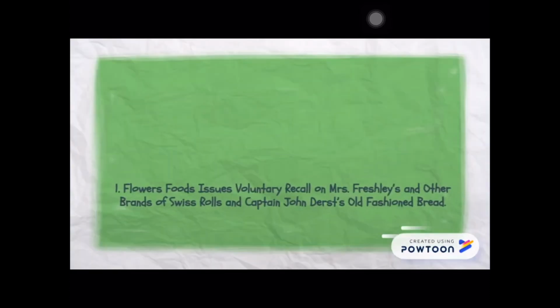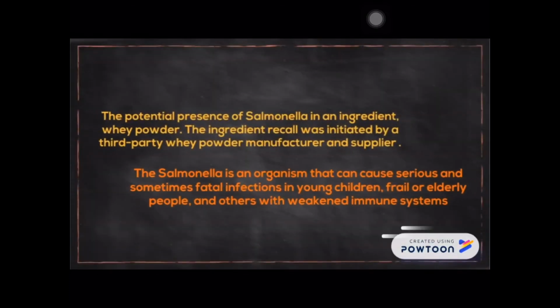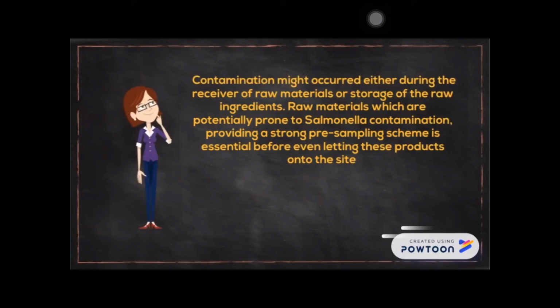There are several recall-grade products. One of them is Captain John Duck Old-Fashioned Bread. The issue involved in the product recall is as follows. Contamination might occur during the receival of raw materials or storage of raw ingredients.